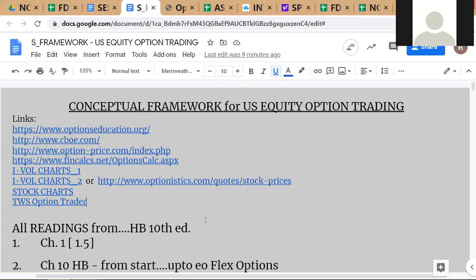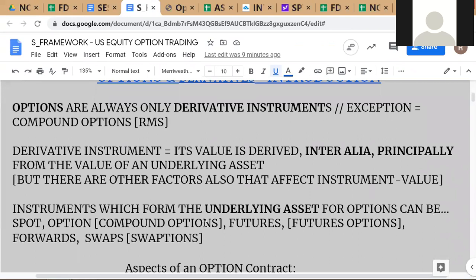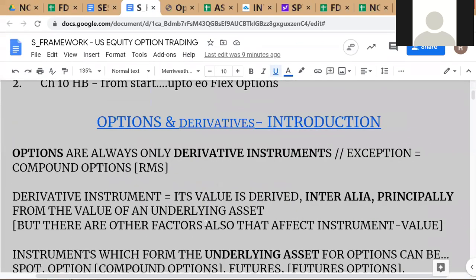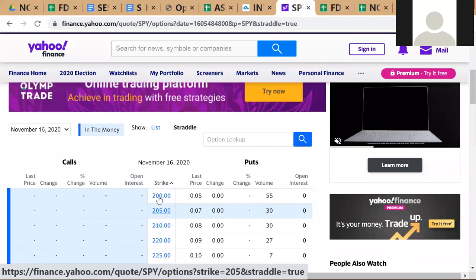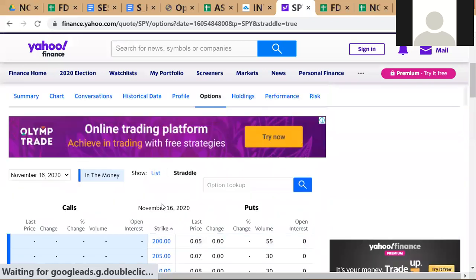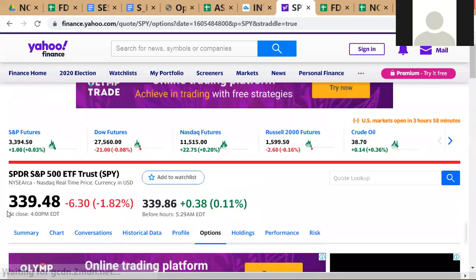Okay. So I'll just explain to you briefly, Shaurya. The call option is an option to buy. The put option is an option to sell. If I'm talking about SPY, and I'm looking at the 200 put, that means it's the option to sell SPY at a price of 200, when the underlying asset price right now is 340.